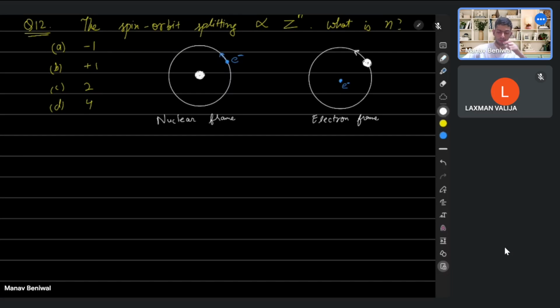Now this orbiting nucleus constitutes a current which gives rise to a magnetic field at the origin. Because the nucleus is revolving around the electron, it is moving with some velocity, let's say v. So it will constitute some magnetic field.